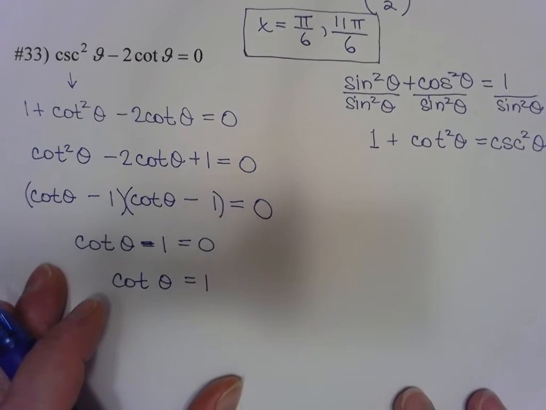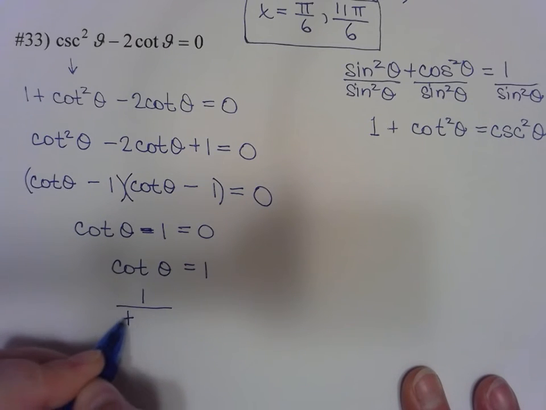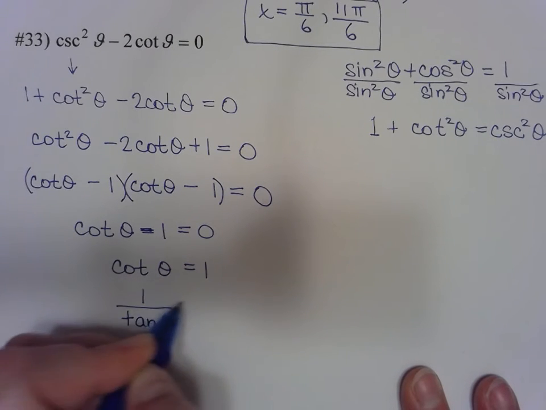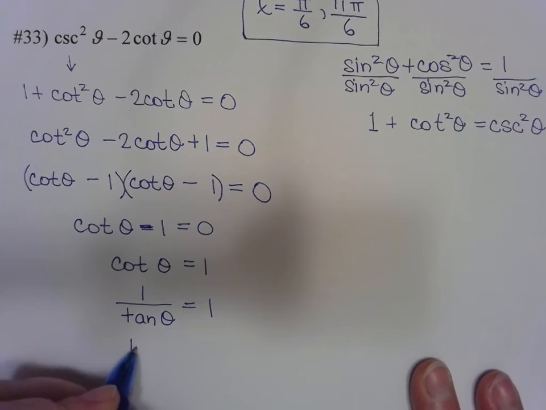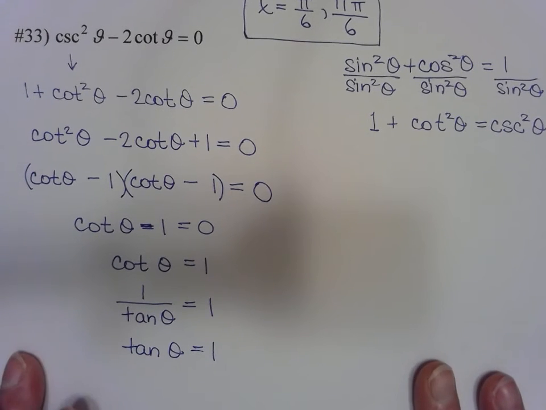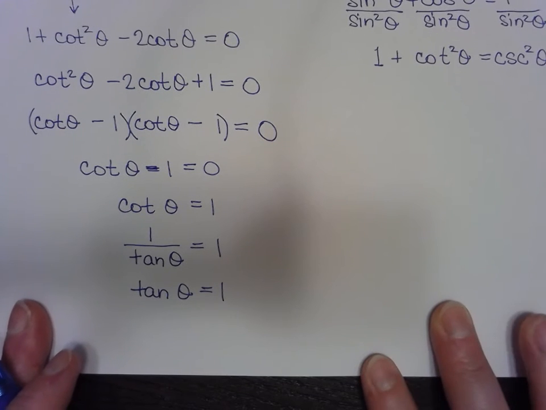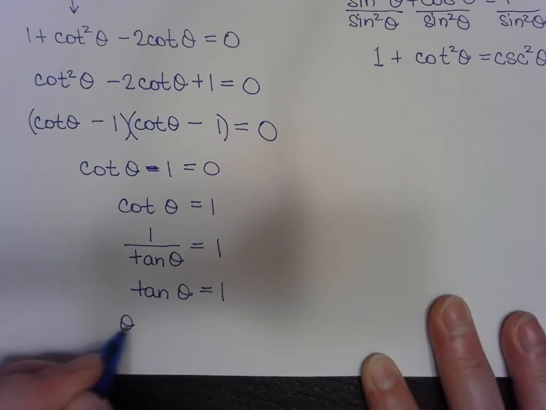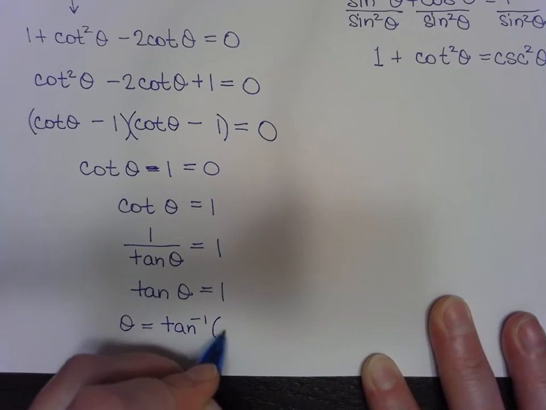Okay, the cotangent is 1 over the tangent. So really this is the same as the tangent of theta is equal to 1. So really what I'm looking for is the inverse tangent of 1.